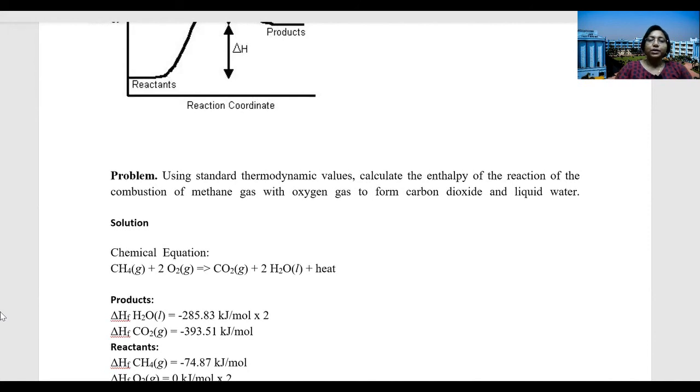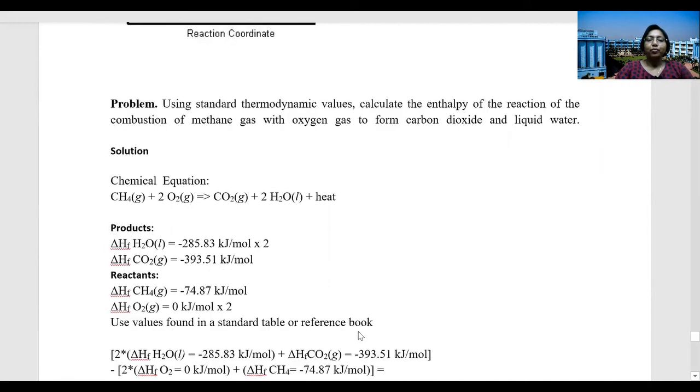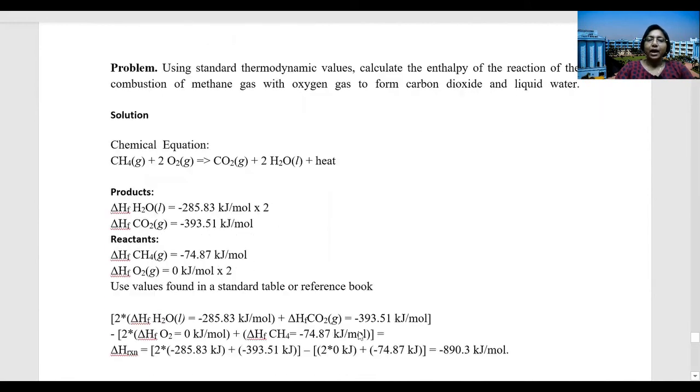And also you have learned to calculate the heat energy, that means the enthalpy for a reaction. And you can determine the enthalpy of a reaction, and you also can tell whether the reaction is exothermic or endothermic. Okay, so I hope that you have learned lots of things and you have enjoyed the class.